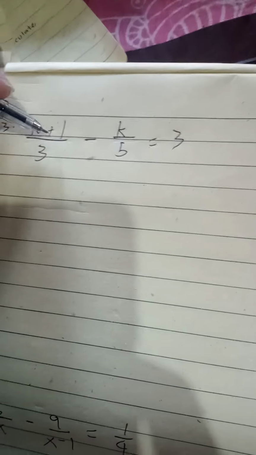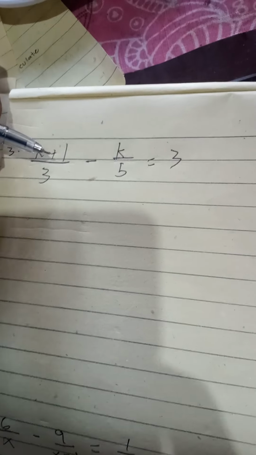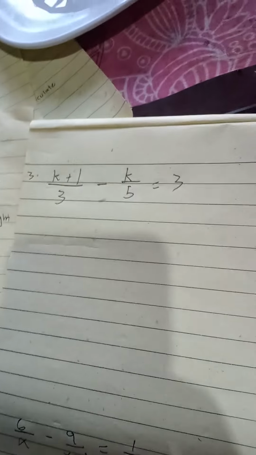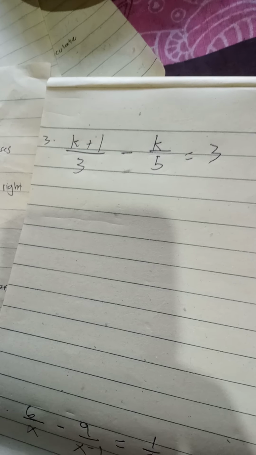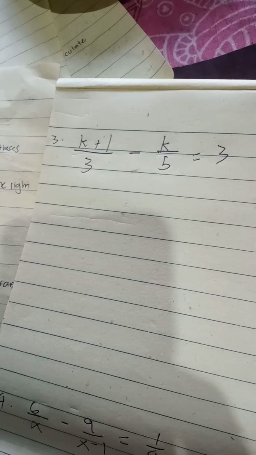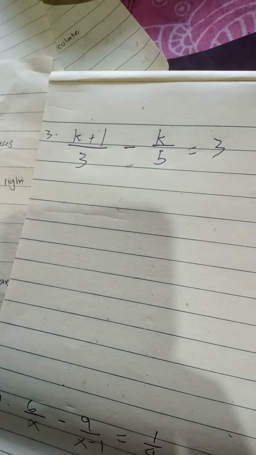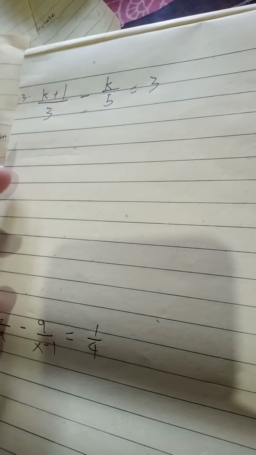So number 3 here, our question is k plus 1 over 3 minus 3 over 5 equals 3. So what we must do here is multiply by both sides. After multiplying by both sides, we must remove the parentheses.